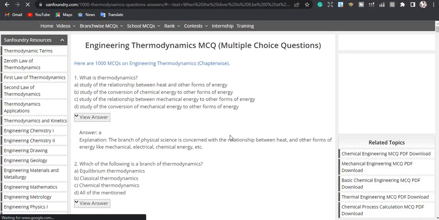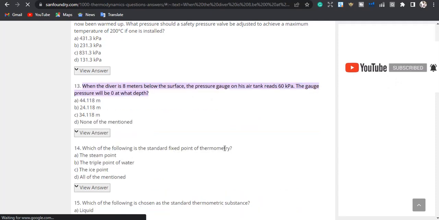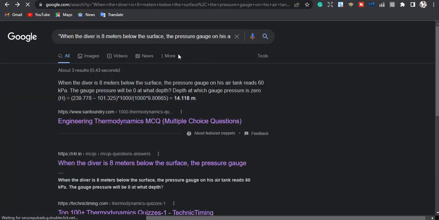Sometimes when you put the question in the search bar, you might be given the specific answer just from the onset, but most of the time you might not be given the specific answer from the onset. So let's do that again. After searching for the question with the quotation mark, you'll be given this.